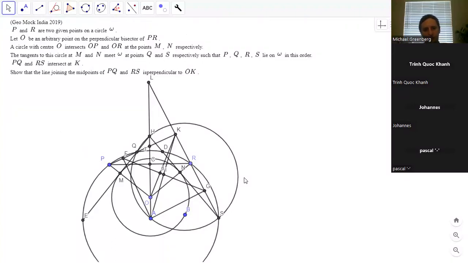Is it equivalent to saying L, T, O, and A are harmonic or something? I don't think it's LTOA harmonic. Okay.